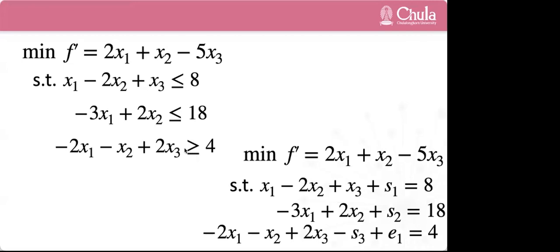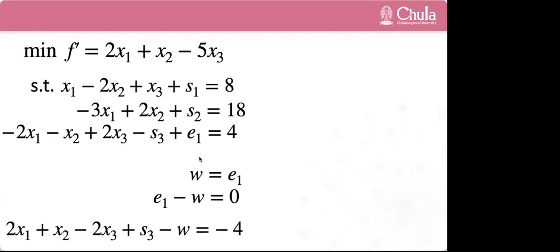So if we have a greater or equal sign, we need a slack variable and also an excess variable. We subtract S3 and we add E1 to this one. And the objective of the first phase is just to minimize W. W is E1.